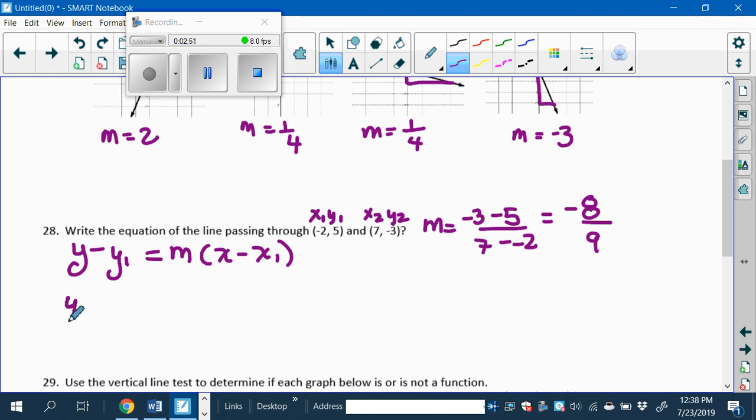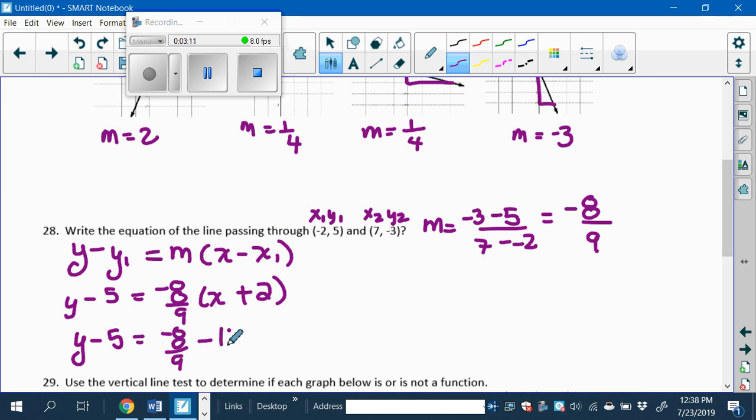So y minus 5 is equal to my slope, which is negative 8/9 times x minus negative 2. So that's going to be plus 2. All right. So first thing I do is distribute. So I get y minus 5 is equal to negative 8/9 x minus 16/9. All right. And then I'm going to add 5. Now I can do this easily with Desmos.